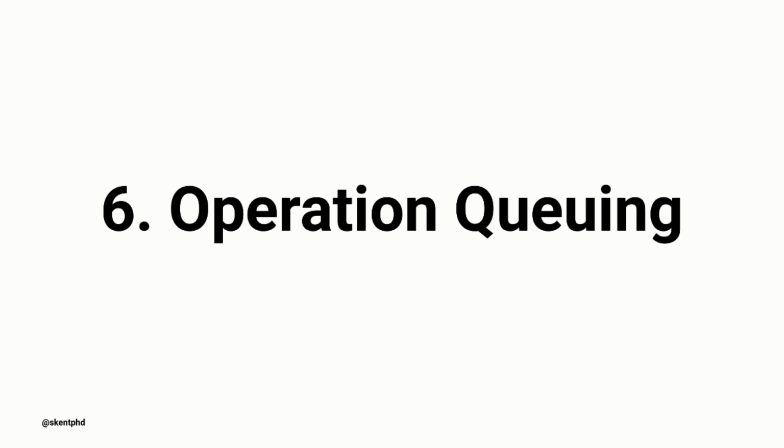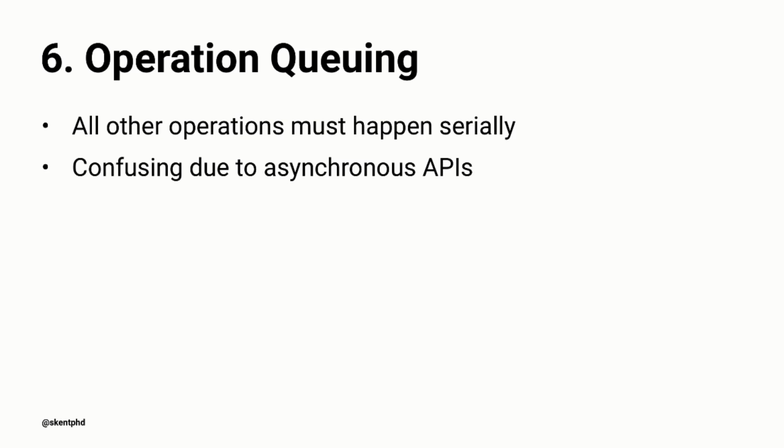Before I can talk about discovering services, this is a really, really important part of working with BLE on Android, possibly the most important part, and that's operation queuing. From this point forward, everything that we do must happen serially. That is, every operation must happen one at a time.